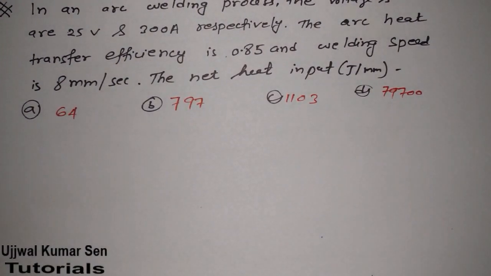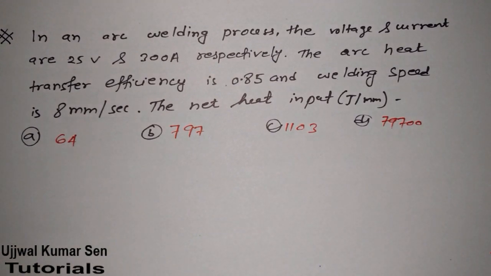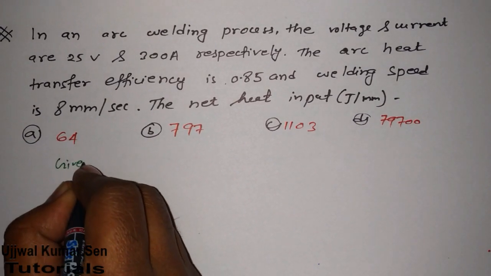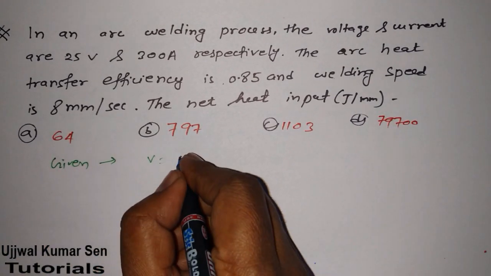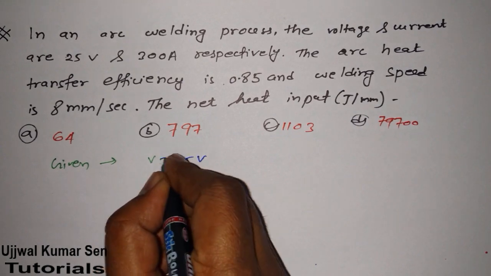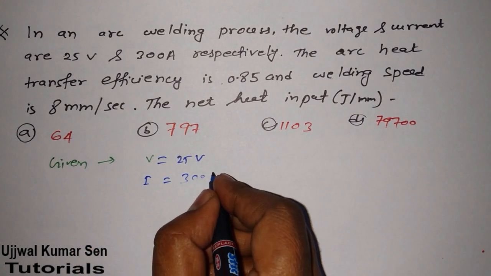Yeah, so here is the question. I hope you can read it. In an arc welding process, the voltage and current are given, so just write down the given data. The marker is not working, its ink has finished, so I have to use a different one.